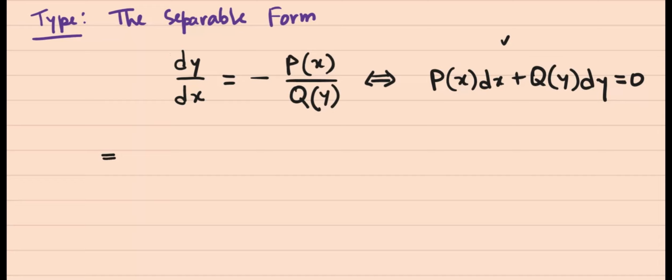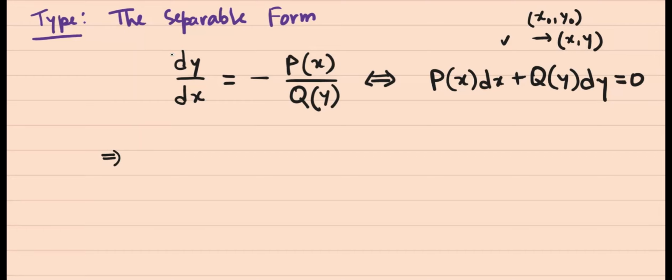When we can do that, then it is apparent that we can immediately integrate this equation from points x0, y0, where both x0 and y0 are constants, to x, y, where x and y are variables.